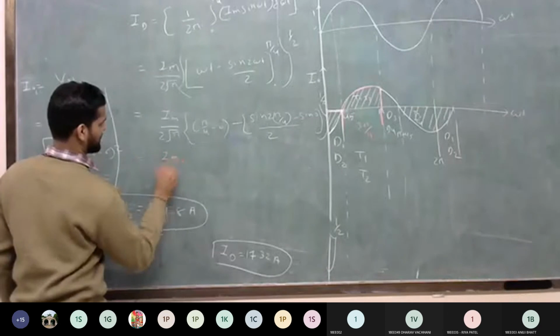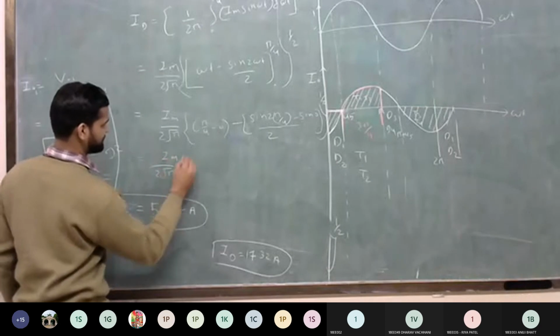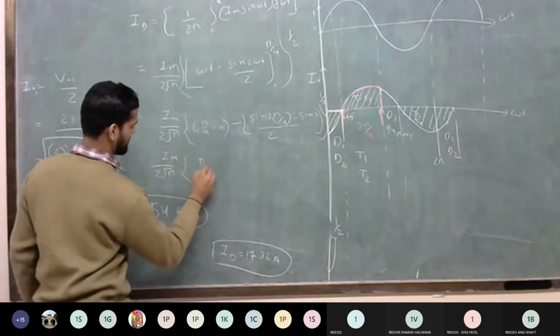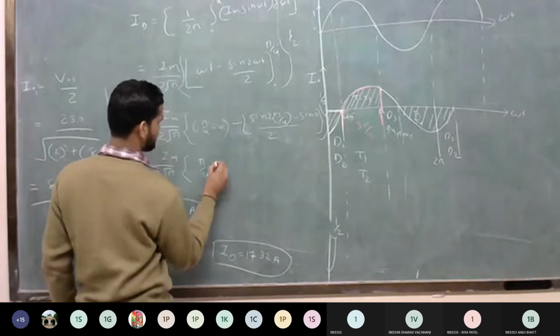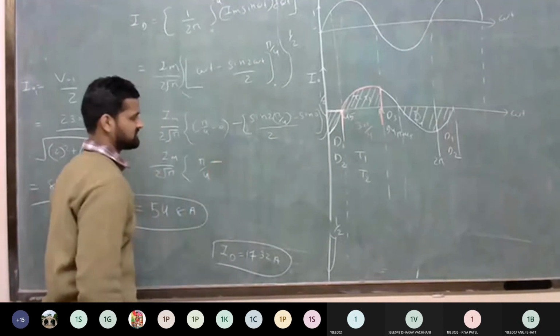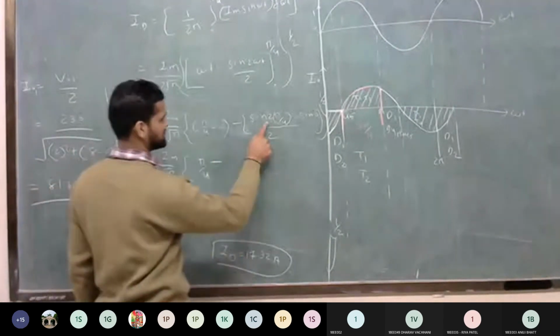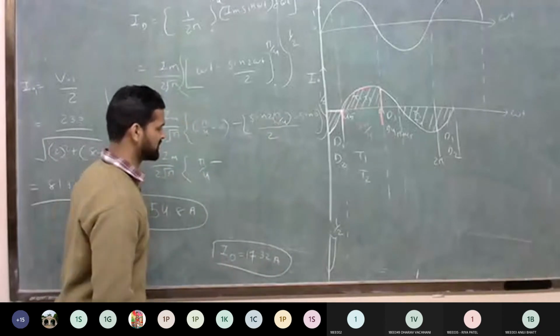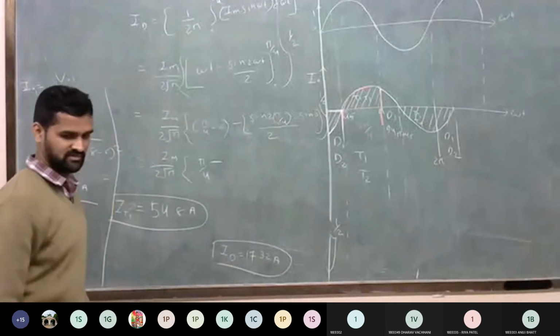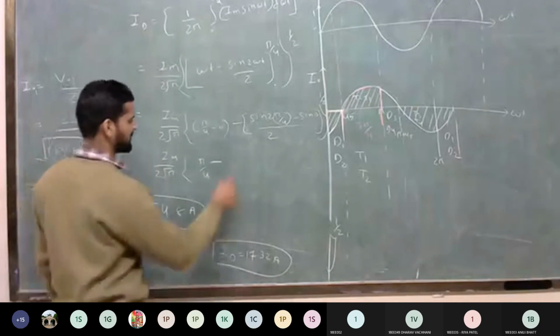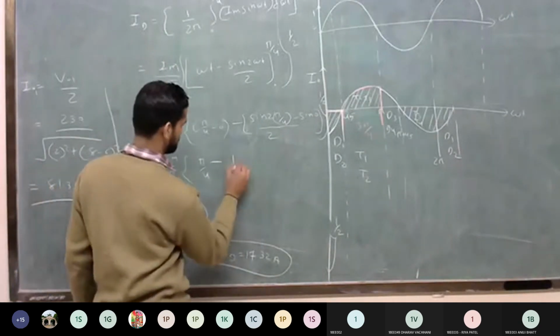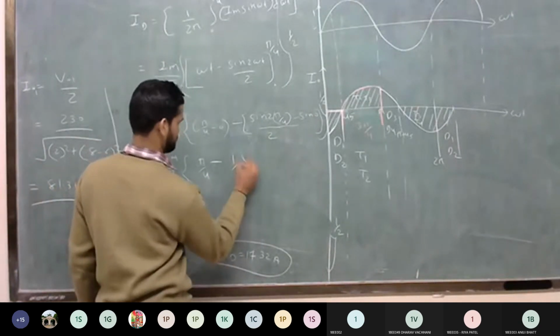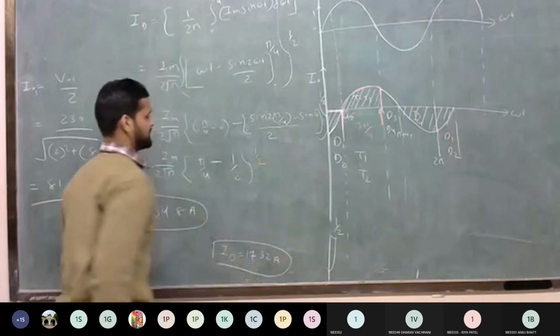So Im divided by 2 square root of pi. This term remains pi by 4 minus sin 2 pi by 4, which means sin pi by 2. Sin pi by 2 is what? 1. Clear? So it is minus 1 by 2, and that is raised to 1 by 2.